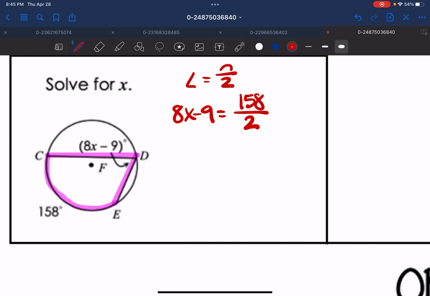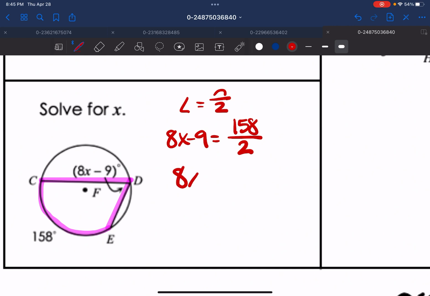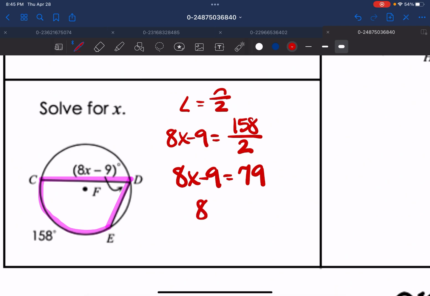So my advice would be to start with dividing by 2. So we would say 8x minus 9 equals 79. Add the 9 over, 8x equals 88. Divide and x equals 11. And the question is saying solve for x, so we are done.